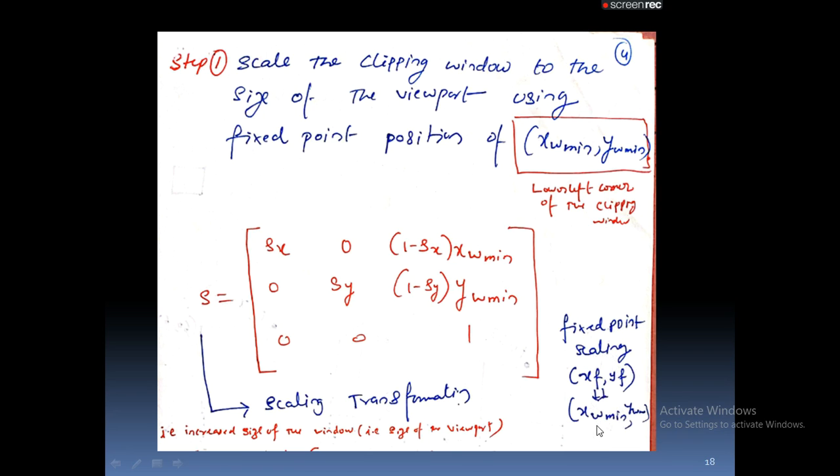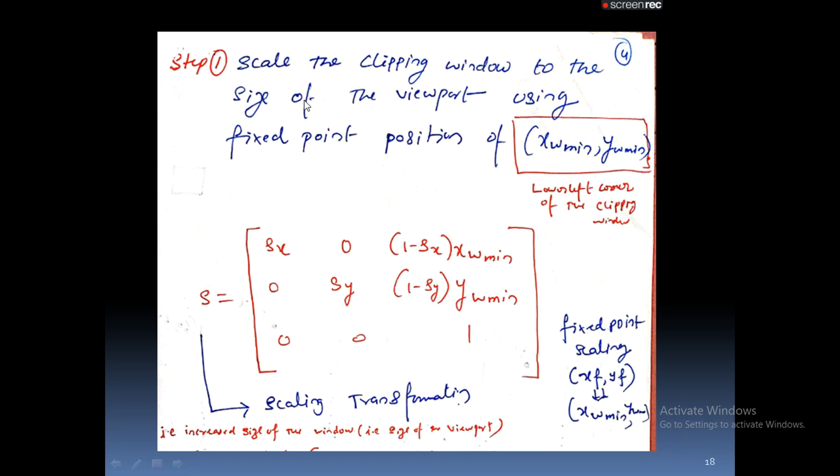So in this scaling matrix I will substitute xw min and yw min. The rest is the same. This is the two-dimensional scaling matrix, and I am using homogeneous coordinates also. The only new thing I added is xw min and yw min.